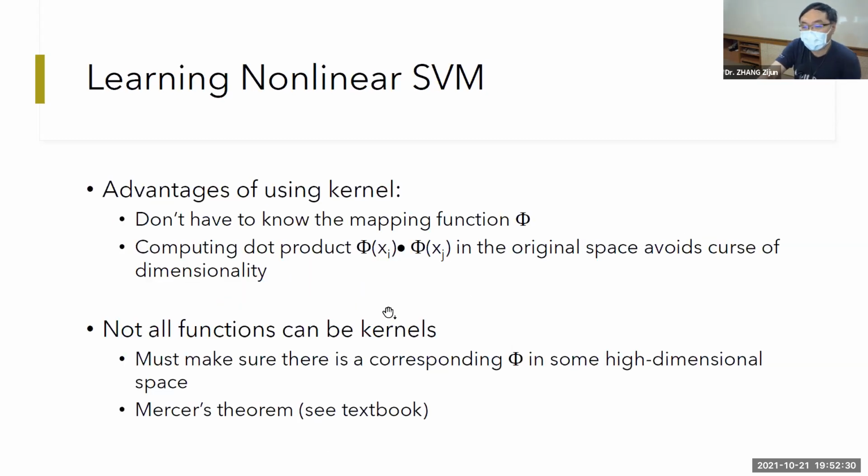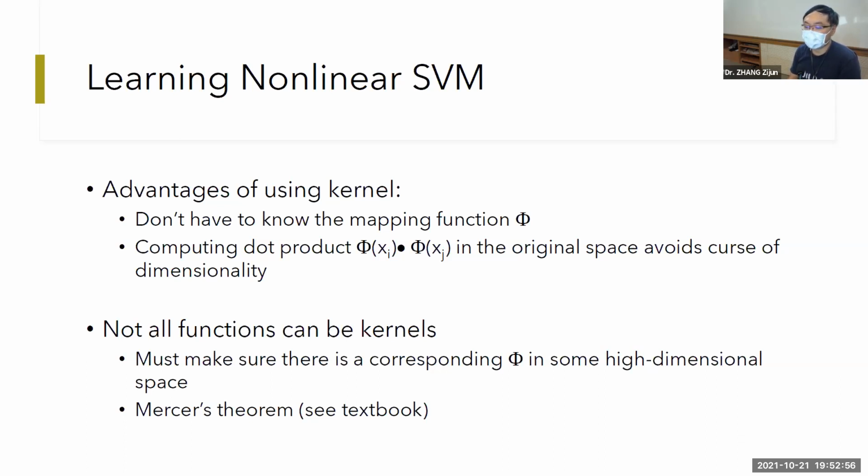So the advantages of using kernel: you don't have to know the mapping function for the data, and computing dot products in the original space avoids the curse of dimensionality. But not all functions can be kernels.